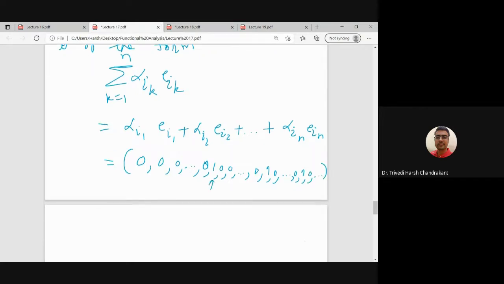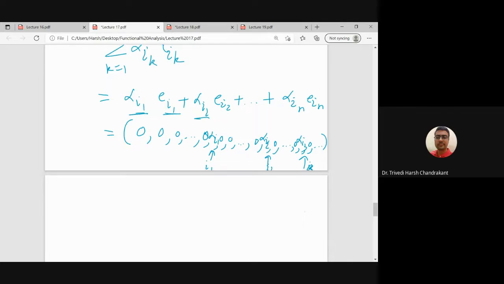The first number is the i1 entry, second is the i2 entry, third is the i3 entry, and so on. At the i1 entry, the coordinate is alpha i1, right? At the i2 entry, the coordinate is alpha i2. Here the coordinate is alpha i3, and so on.